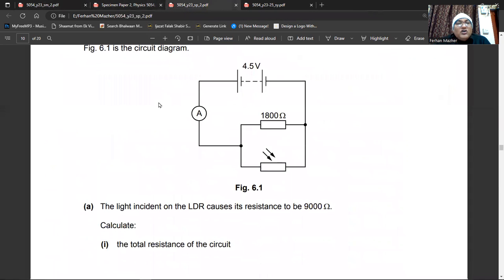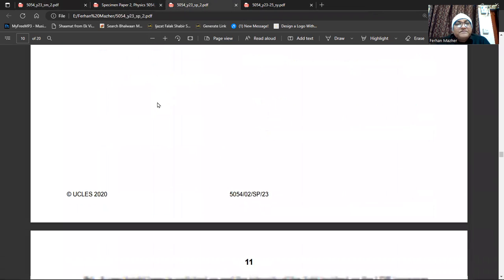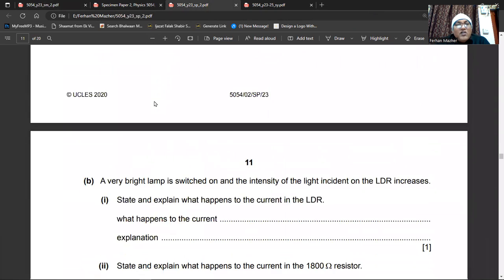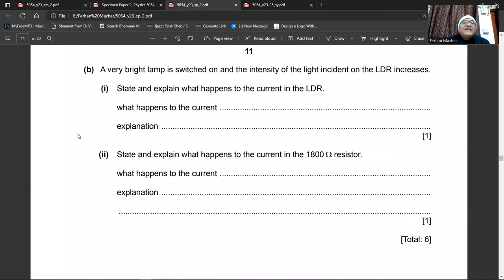Okay, so we are going to the next part. He says a very bright lamp is switched on and the intensity of the light incident on the LDR increases. State and explain what happens to the current in the LDR. You see, the current will increase, and the reason is when you increase the brightness on the LDR, its resistance will decrease.